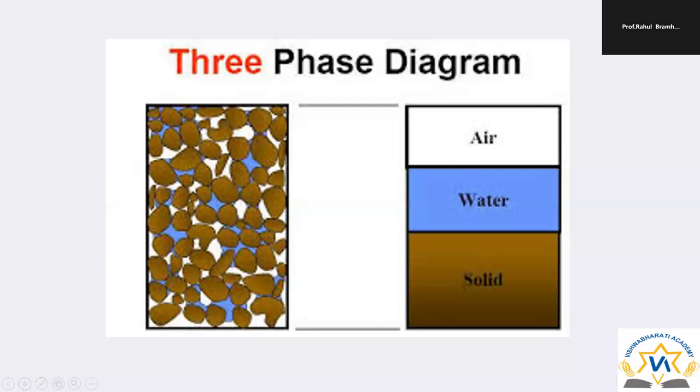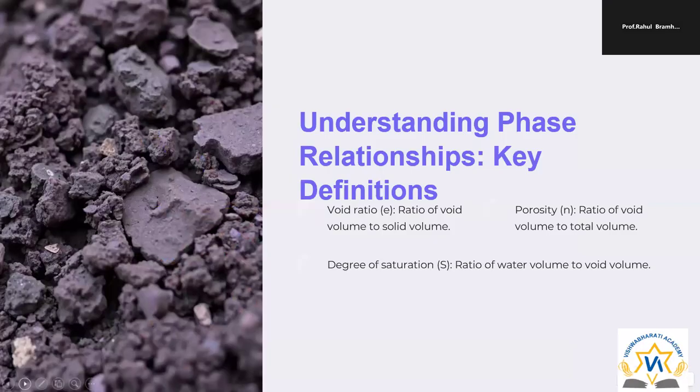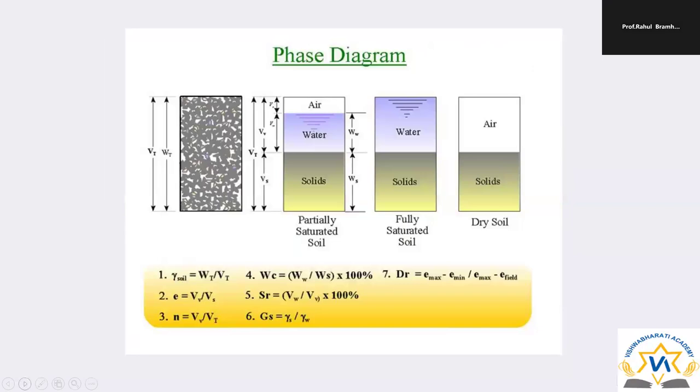With the help of this three-phase system, we find some index properties, and by this diagram we distribute soil into three states. First is partially saturated soil, second is fully saturated soil, and next is dry soil.